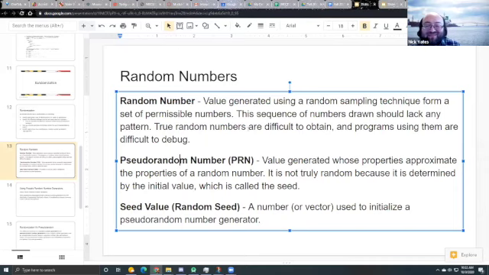But pseudo-random numbers are values generated whose properties approximate the properties of a random number, in that every number is equally likely after a certain point, and there's a normal distribution of all possibilities and stuff like that. But not normal. What was the word I was looking for? Normal is like a bell curve. Sorry. But it is not truly random because it is determined by some initial value, which is called the seed.